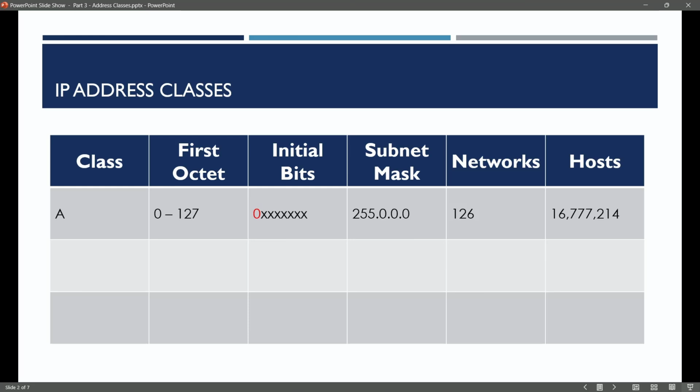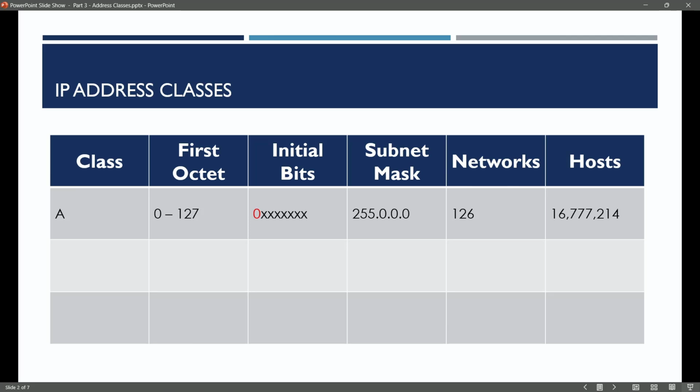So sure enough, the idea here was the Class A address class would be for massive networks. Now, we can't create that many of them. We can create 126 of them, but each of them can accommodate 16,777,214 hosts.